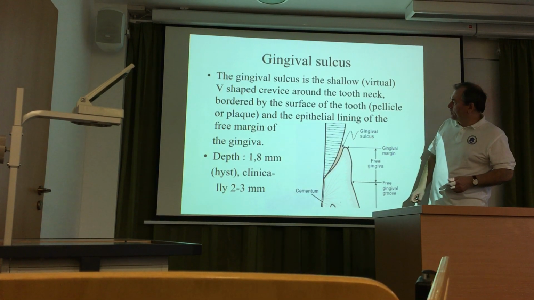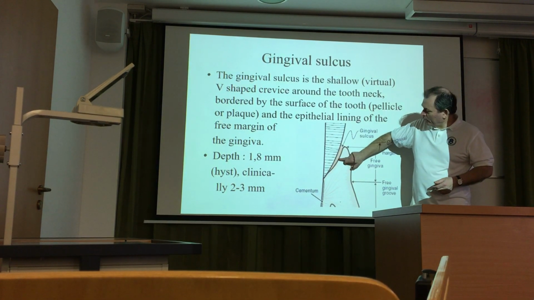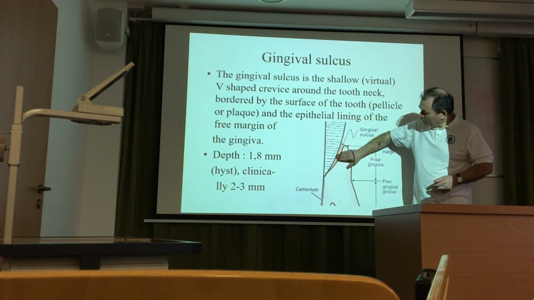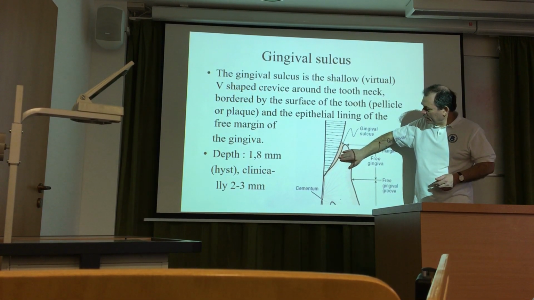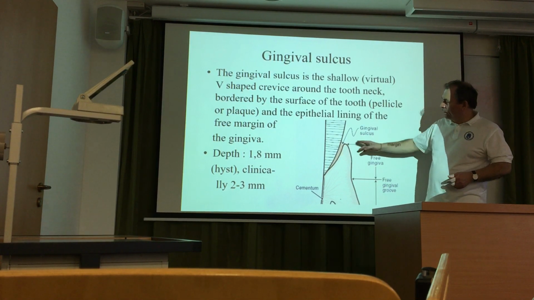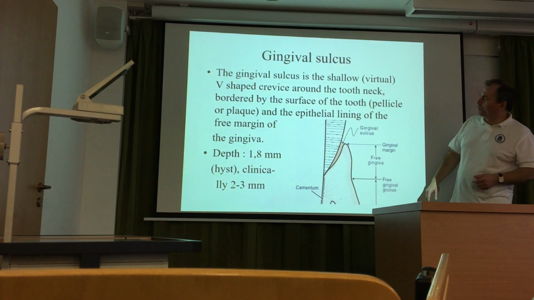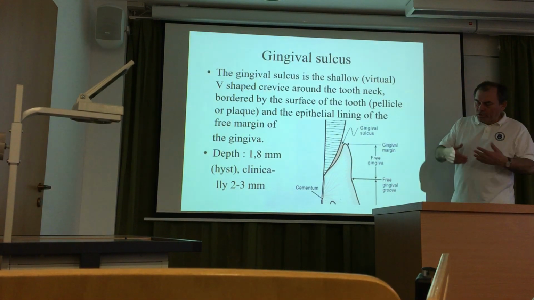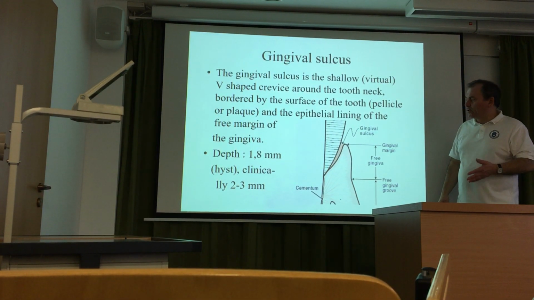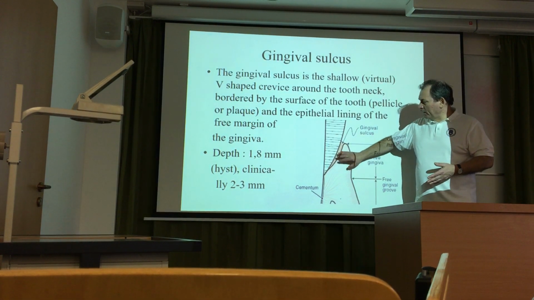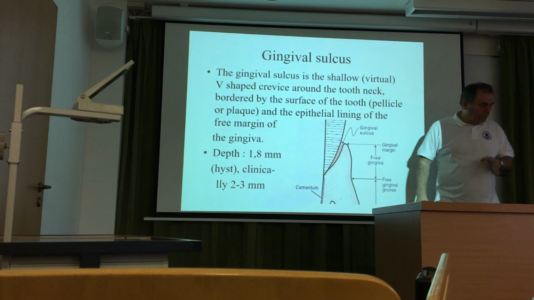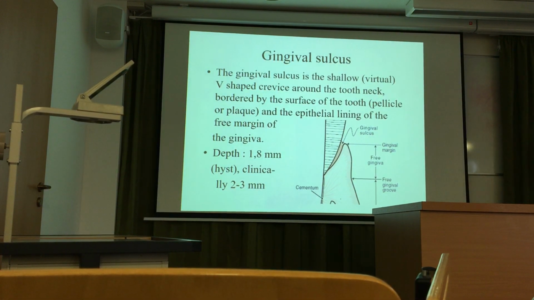Okay, and between the sulcus epithelium and the tooth surface, we have the sulcus filled with gingival fluid, gingival crevicular fluid, and as I mentioned, it is forming continuously, and it is a very important defensive human body fluid.